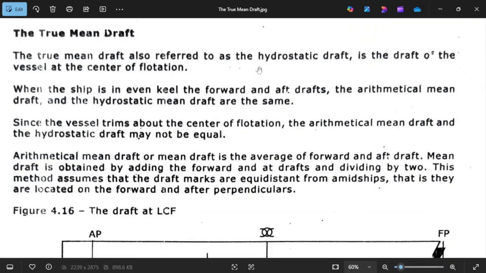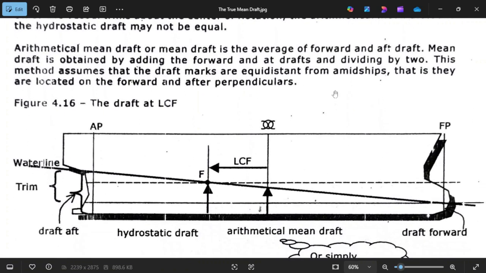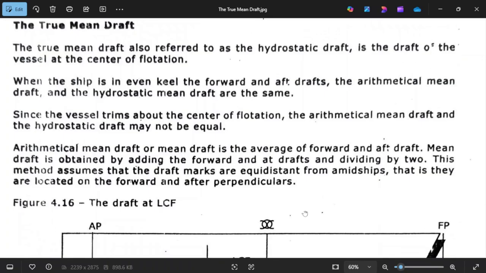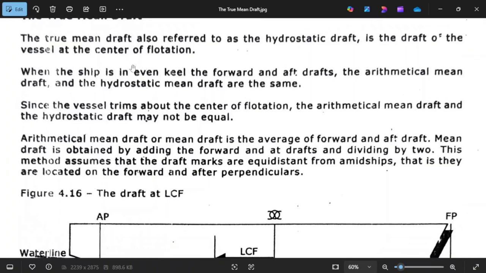Now let's go to the true mean drop. True mean drop is also referred to as the hydrostatic drop. It is the drop of the vessel at the center of flotation. When the ship is trimmed, this is the center of flotation.